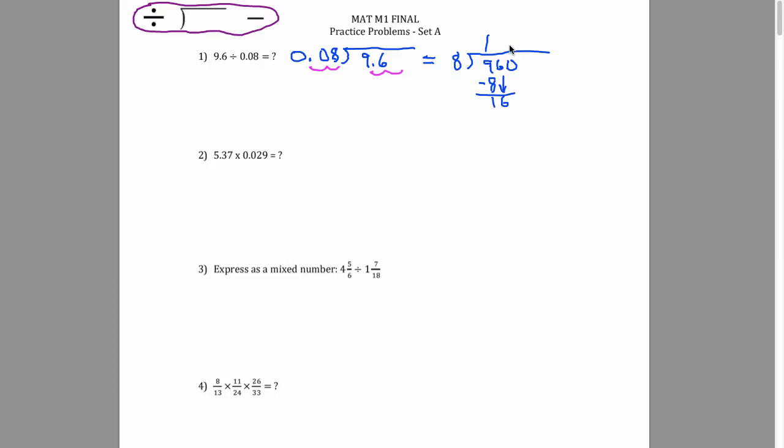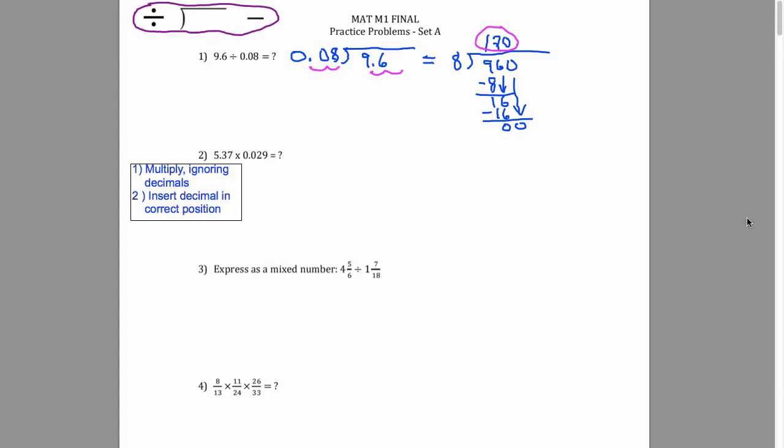And repeat the process. 8 into 16, 2. 2 times 8 is 16. Left with 0. Bring down the 0. How many 8's in 0? 0. So we're done. The final answer is 120.